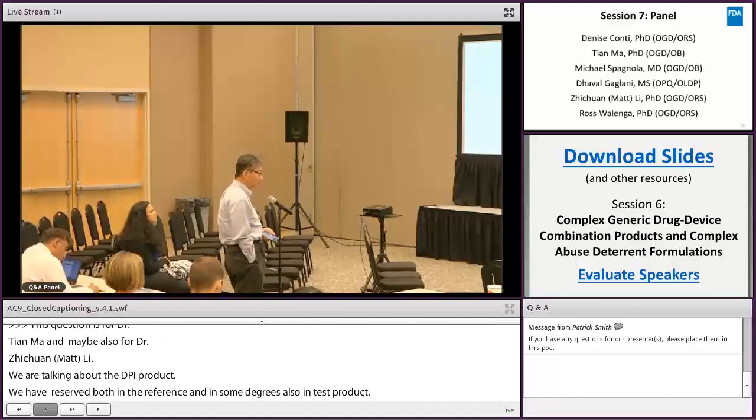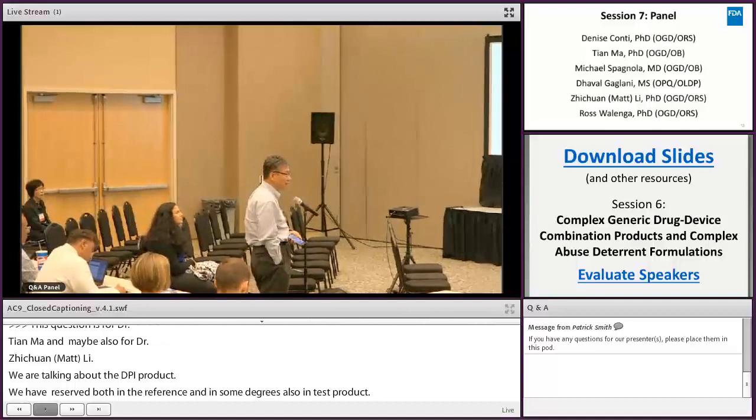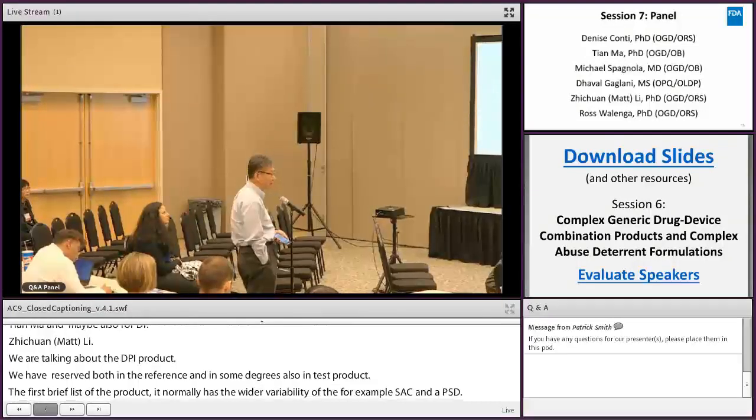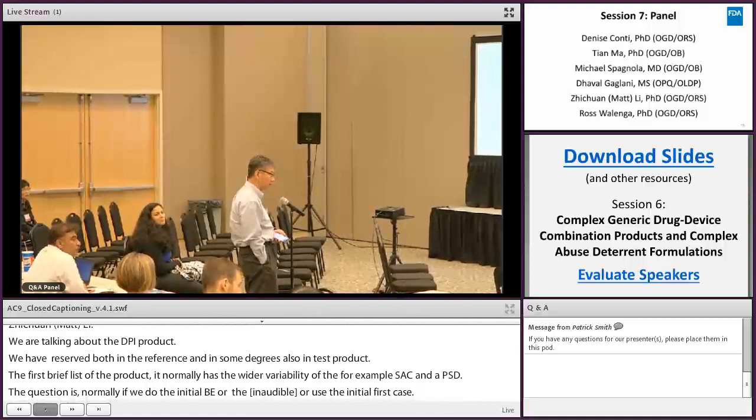So the question is, if we do the in vitro BE or the in vivo PK BE, normally we use the first blister. In this case, because we have evidence of the larger variability of the first blister, can we use the second blister for the study?